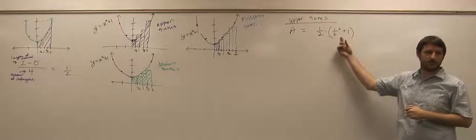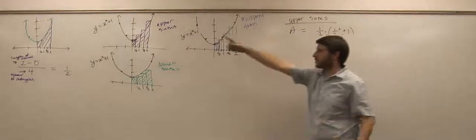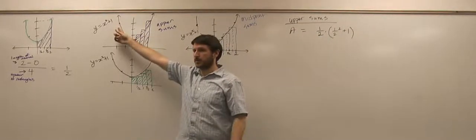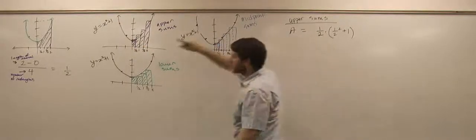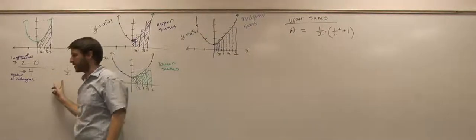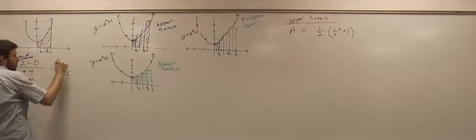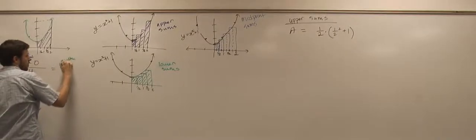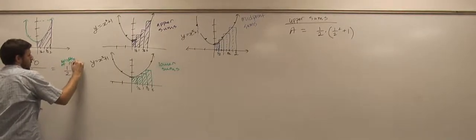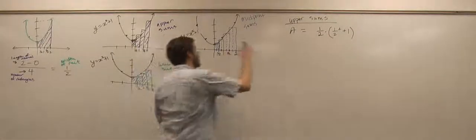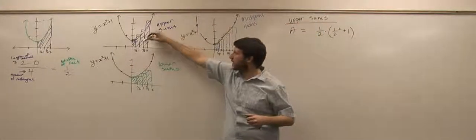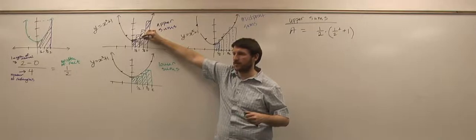Where did I get this from? Plugged into the formula. The width comes from this calculation right here. This is the width of our rectangles. But the height, or the length of the rectangle, comes from plugging the correct endpoint into the curve.